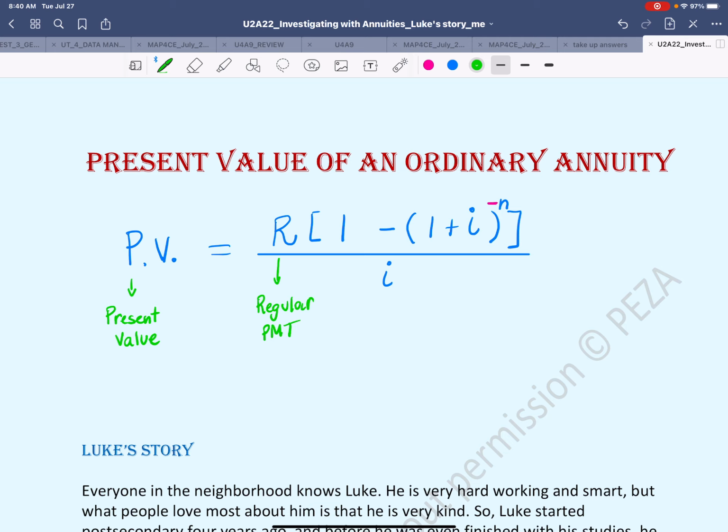Now, the letter i stands for interest rate per compounding period. Remember that in any financial institution, when we apply for either a savings account or a loan, the bank will give you what is called the annual rate.